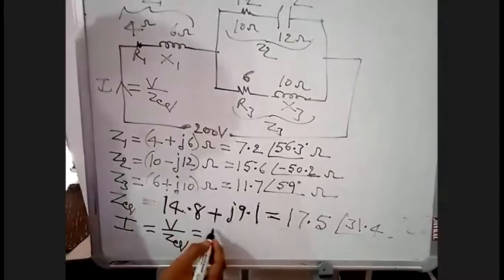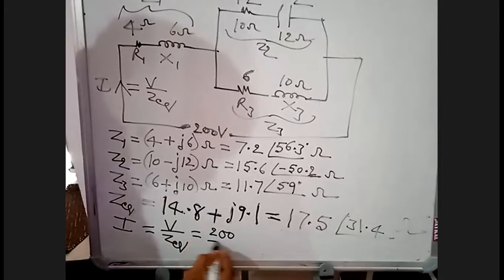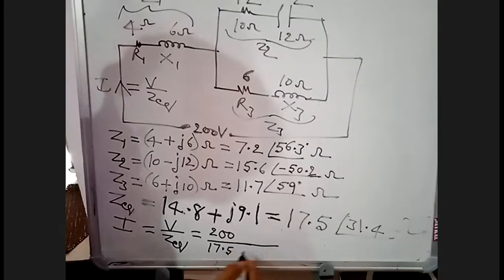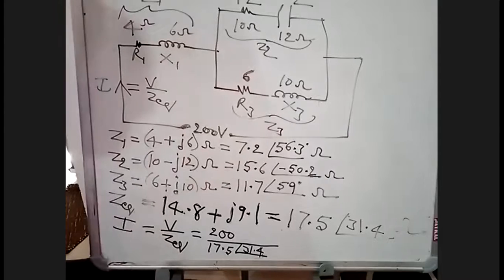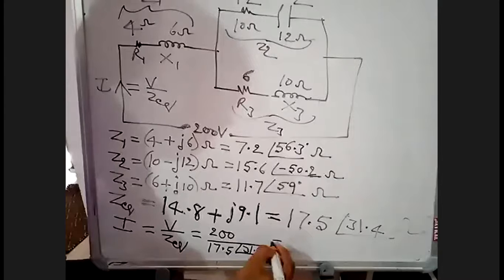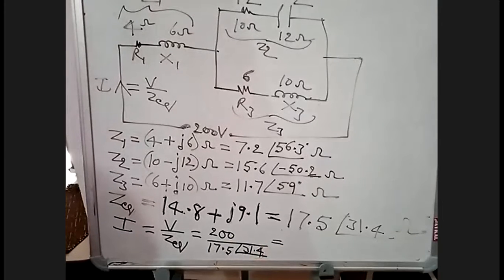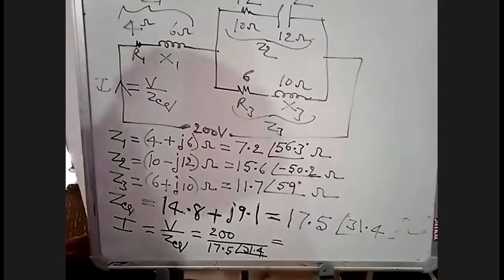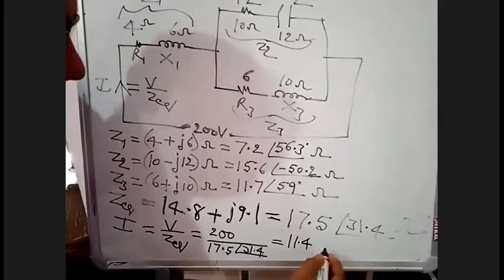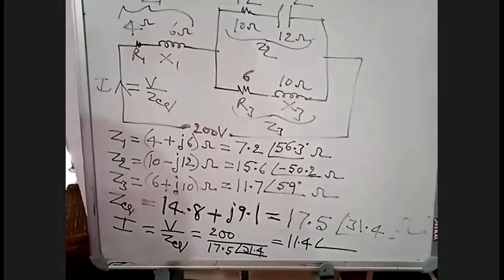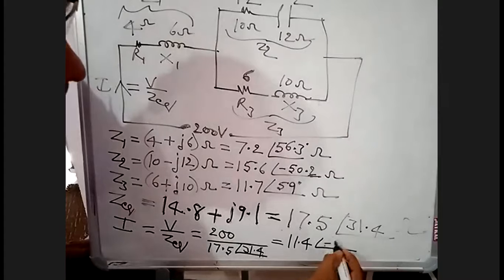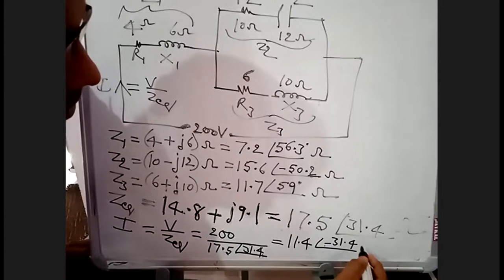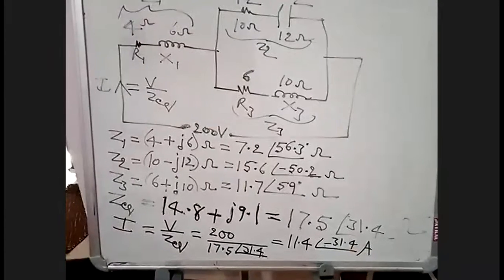What is the voltage? 200 volts. So the current is 11.4 at an angle of minus 31.4 ampere. This is the current.